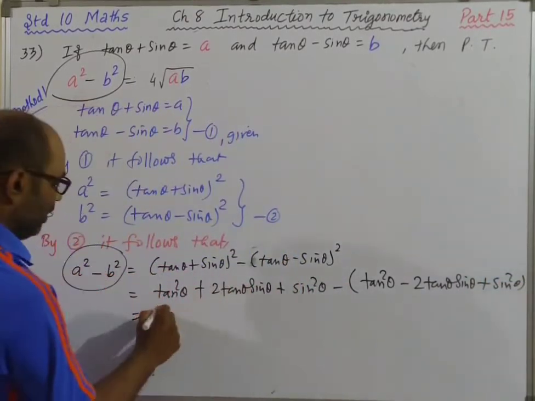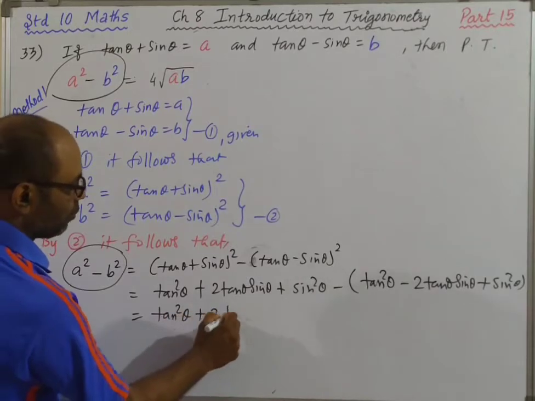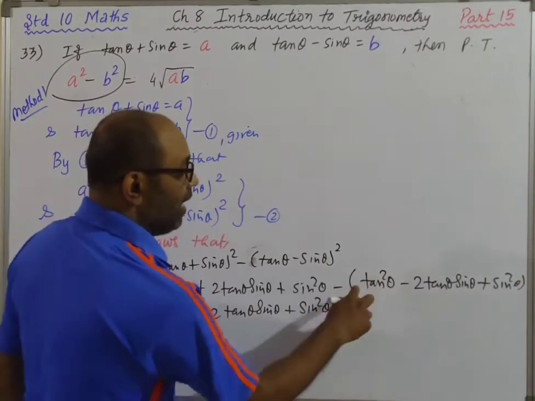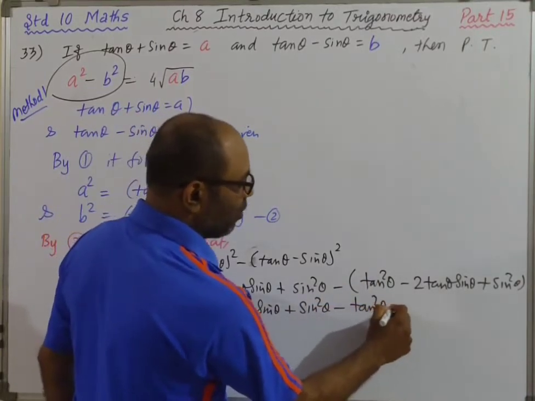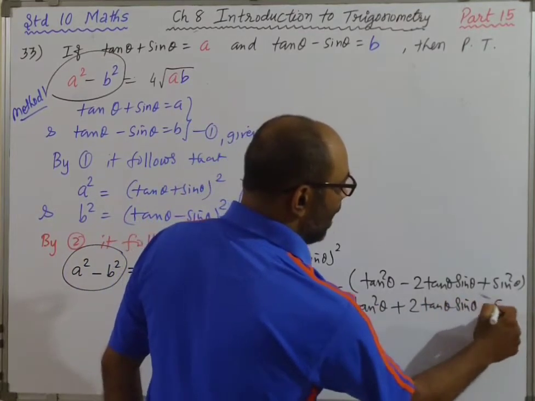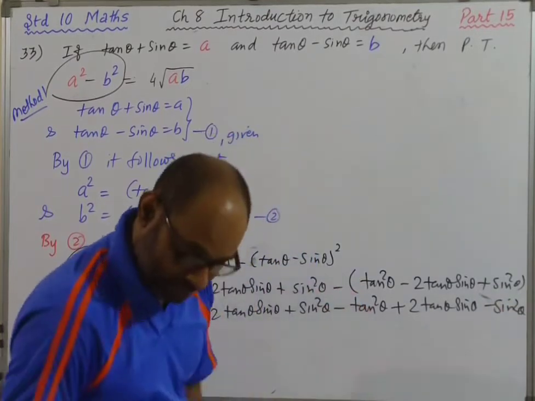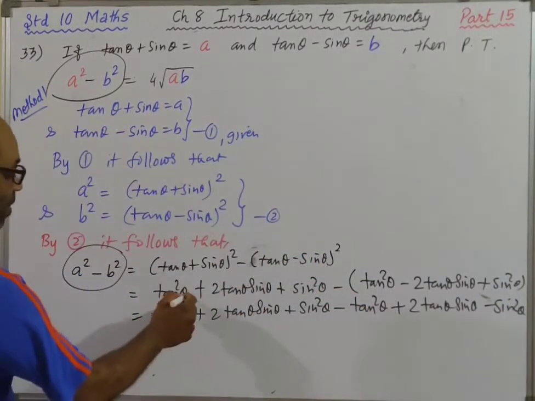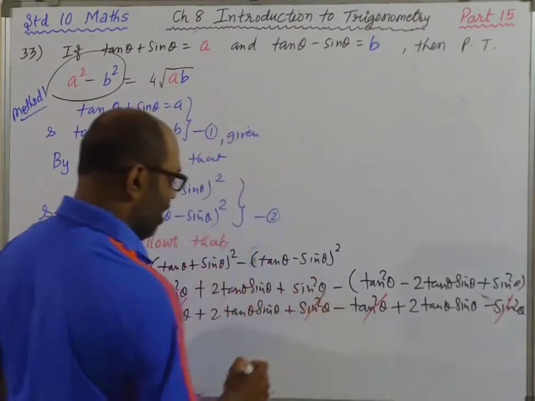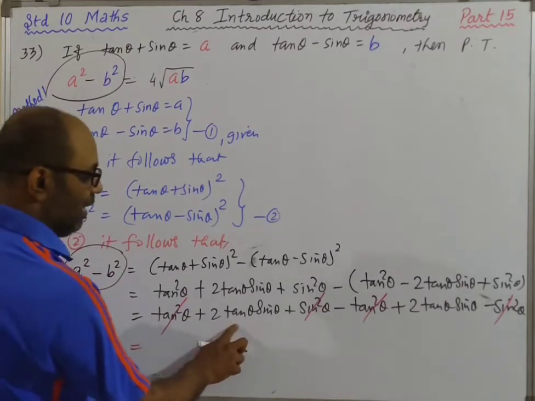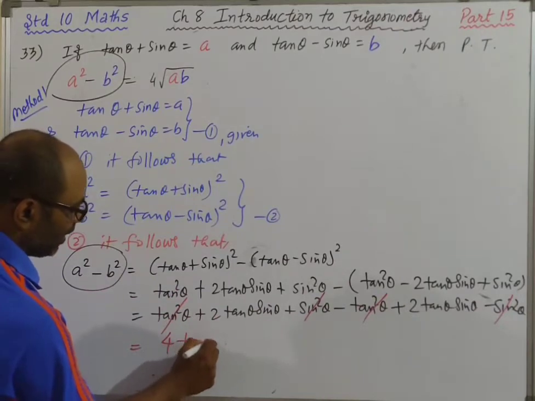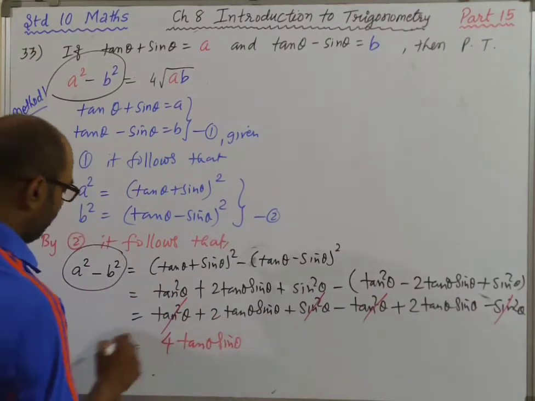Open this bracket, that is tan square theta plus 2 tan theta into sine theta plus sine square theta, minus, signs will change, minus tan square theta plus 2 tan theta into sine theta and minus sine square theta. देखो children, plus tan square minus tan square, minus sine square plus sine square, and these two are like terms, 2 tan theta sine theta plus 2 tan theta sine theta is 4 tan theta into sine theta.